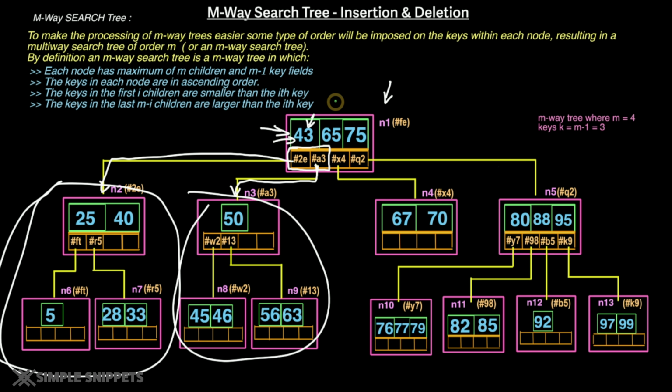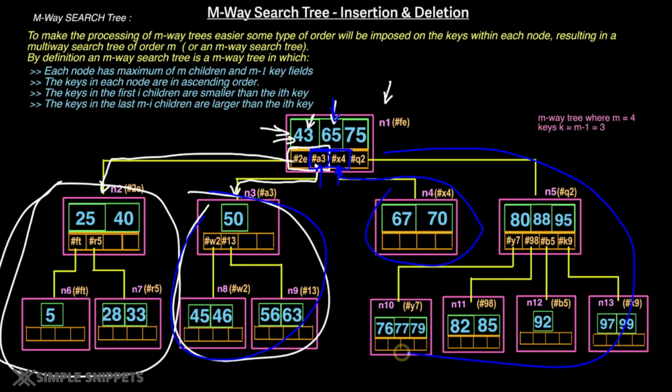Similarly for 65 we have these two pointers, where the first acts as the left subtree and this one is the right subtree for 65. All the values in the left subtree are going to be less than 65, and all the values in the right subtree, which is this whole thing as well as everything towards its right, are going to be greater than 65.